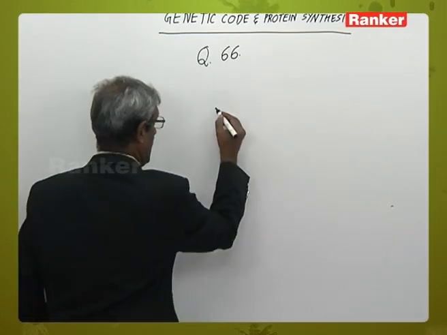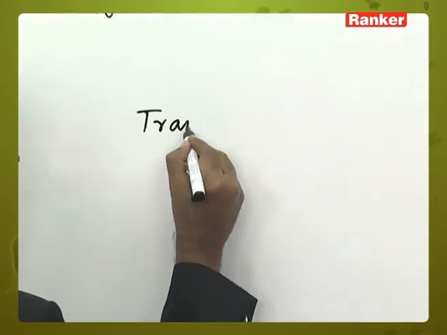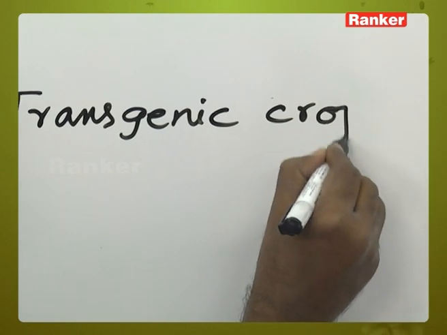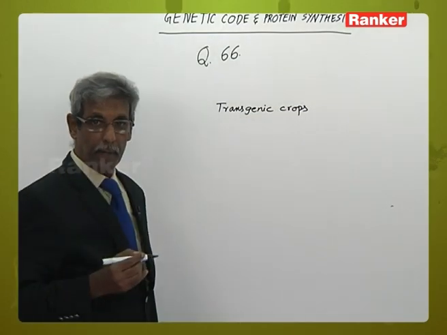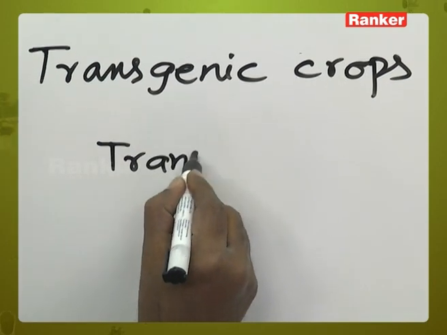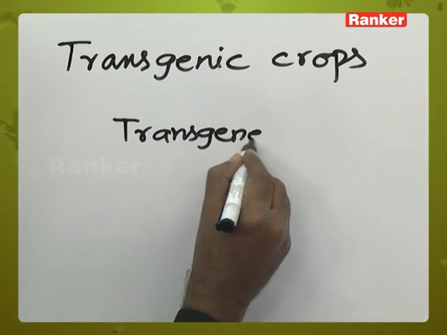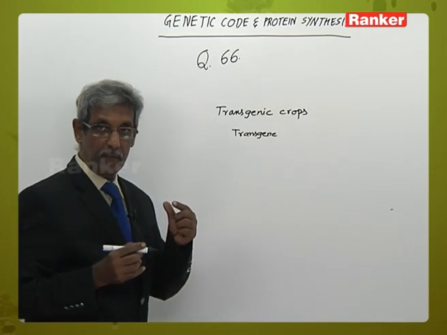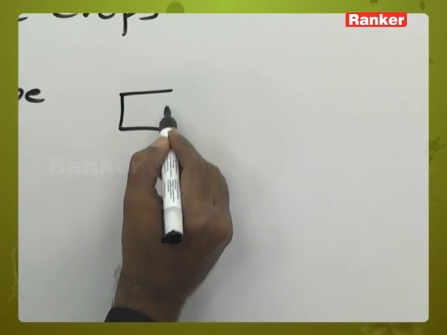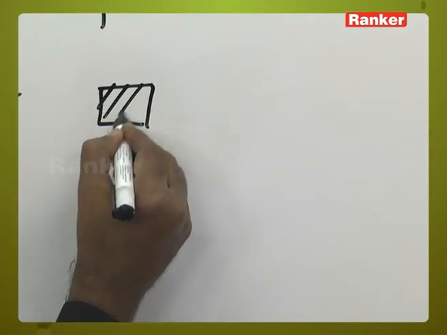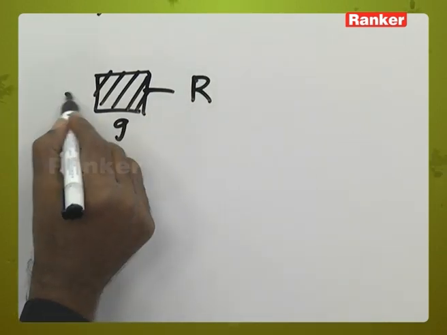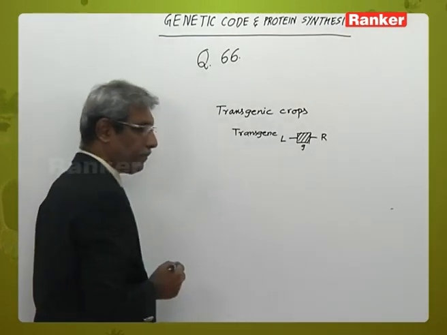Now, when you take transgenic crops, in a transgenic crop, you have a transgene. Transgene is a foreign gene of insert. It has a right flank and it has a left flank.